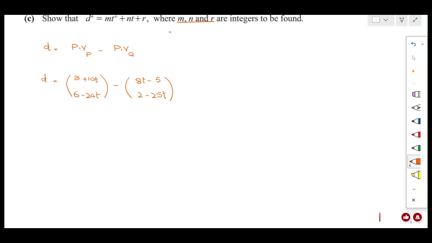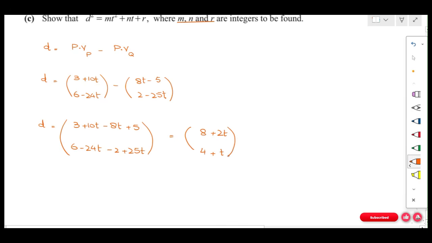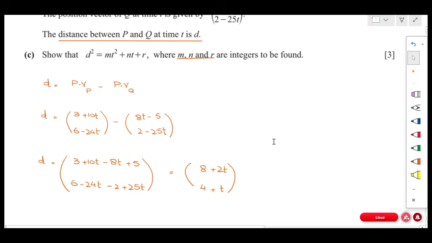Let me solve for d, which is (3 plus 10t minus 8t plus 5, 6 minus 24t minus 2 plus 25t). Okay, 3 plus 5 is 8, and 10 take away 8 would be 2, so 8 plus 2t, and 6 take away 2 is 4, and minus 24t plus 25t is plus t. This is d, the difference between the two.